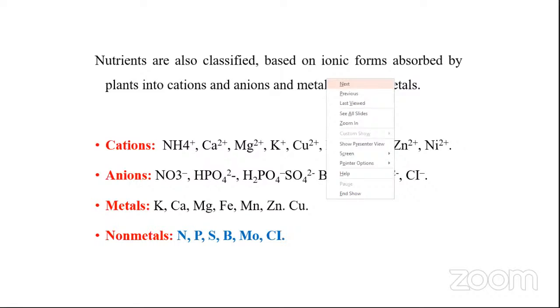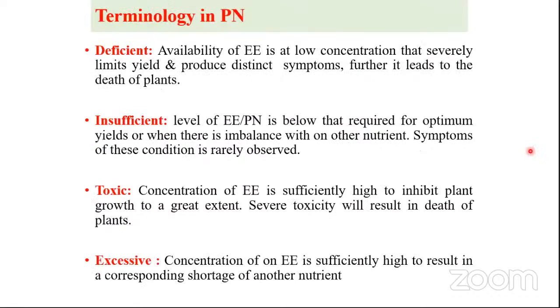Coming to the next topic, some terminologies in plant nutrition. Regularly we may encounter these words: deficit, insufficient, toxic, and excessive. You may encounter these 4 characteristics while reading in fertility courses. Especially, very first we will see deficit. What is the definition of this? Availability is very low.